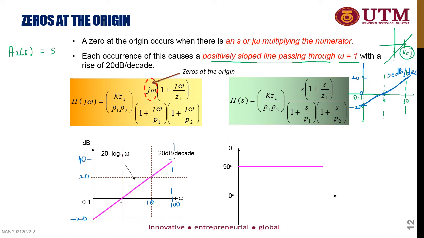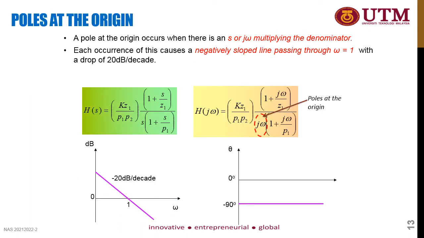So a positive slope of 20 dB per decade, crossing at 1. While for the phase, if you have zeros at origin, the phase is always positive 90 degrees. Don't forget to have separate plots for magnitude and phase.